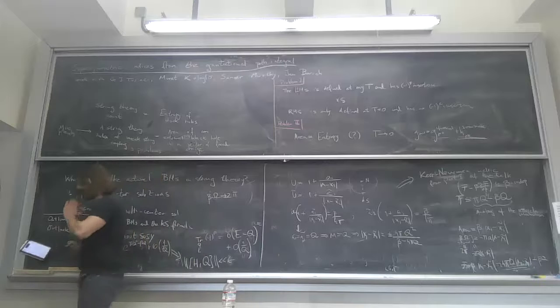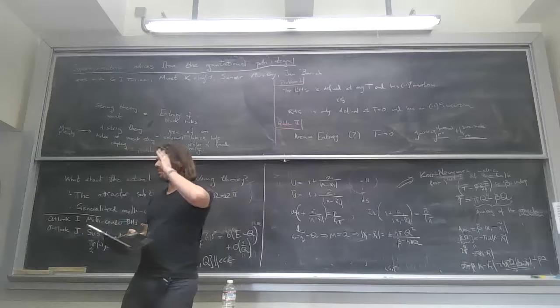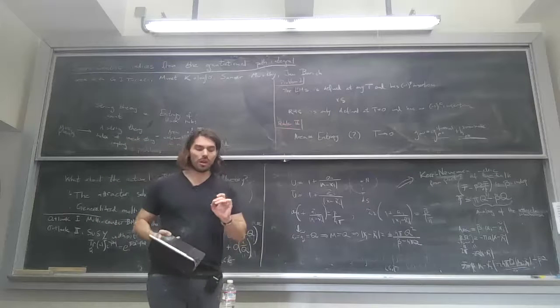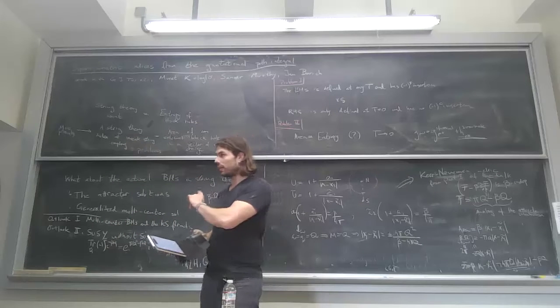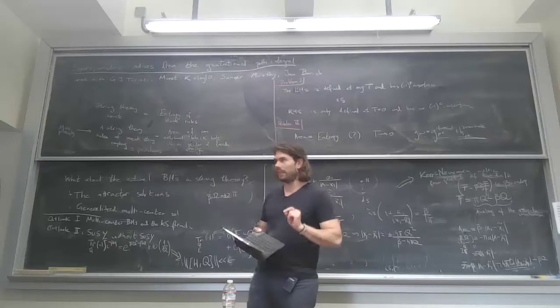By the way, this is particularly surprising. This is true also in AdS. You can compute the same quantity in AdS, and you also find that the supersymmetric saddle is leading.